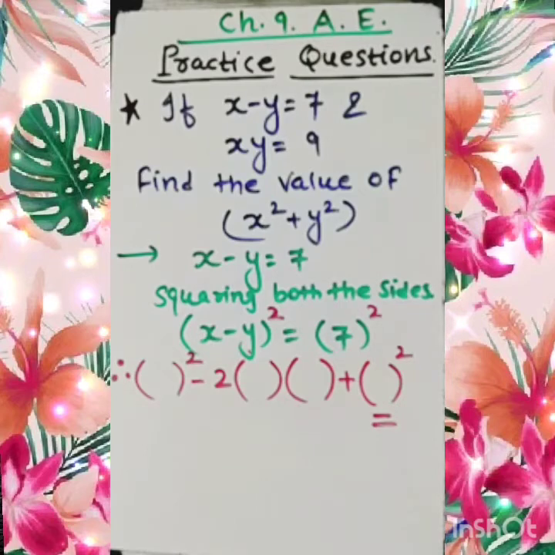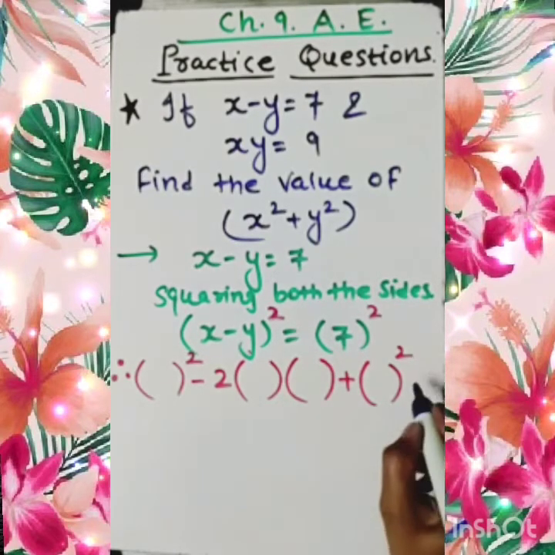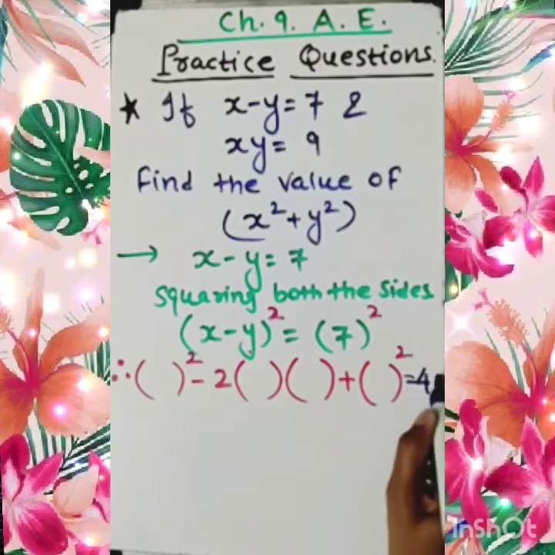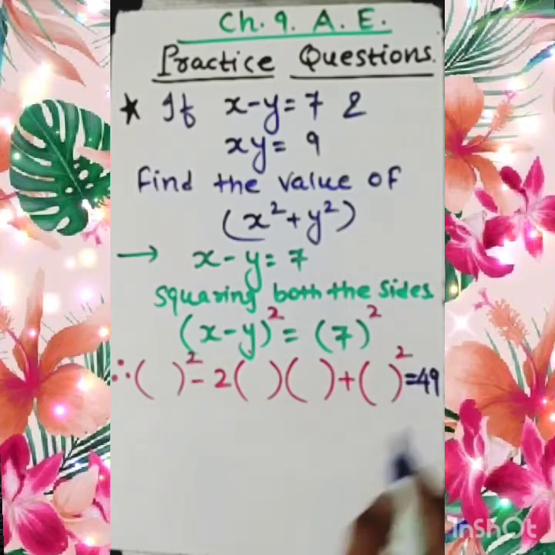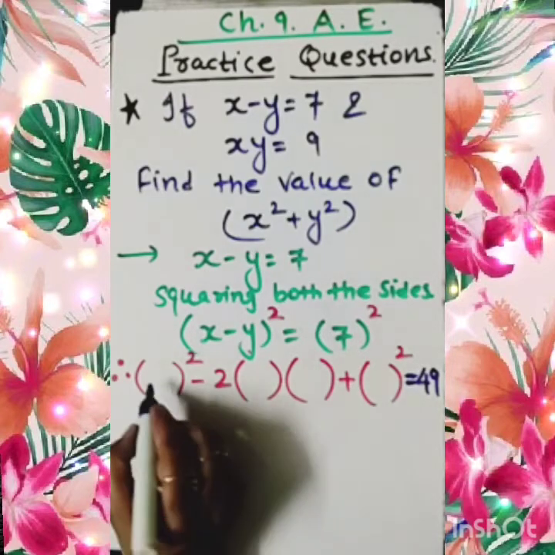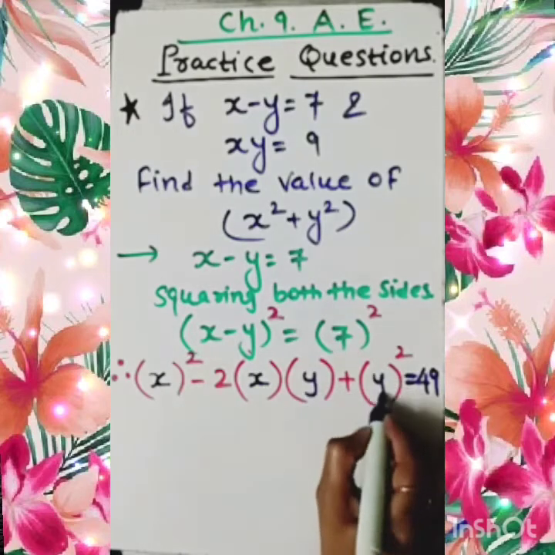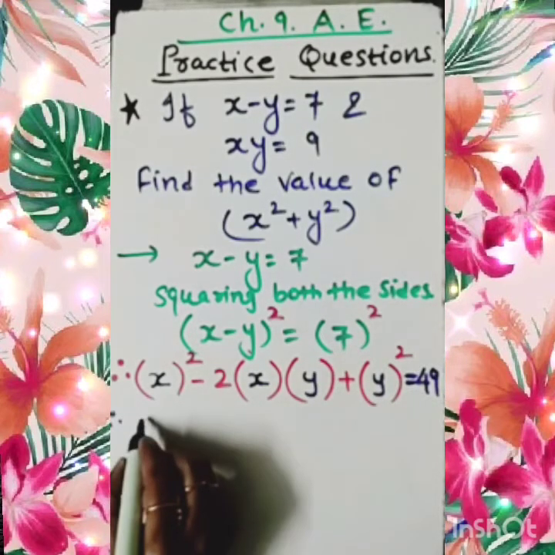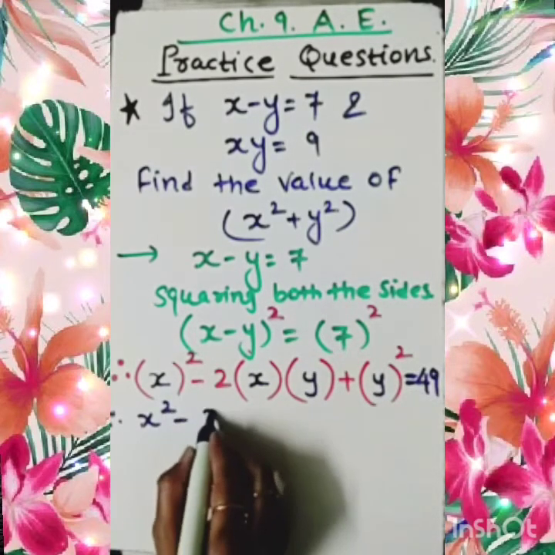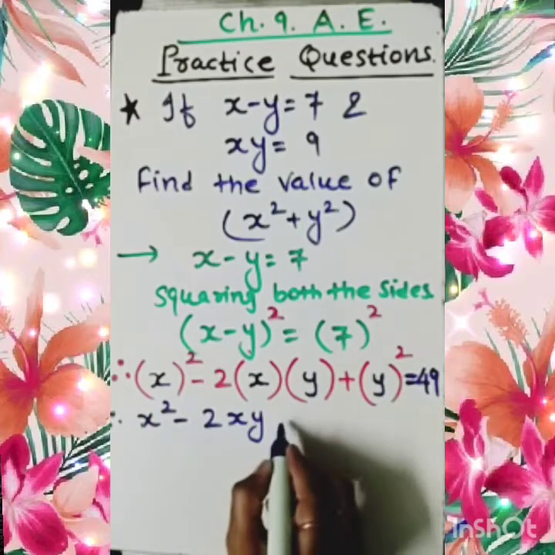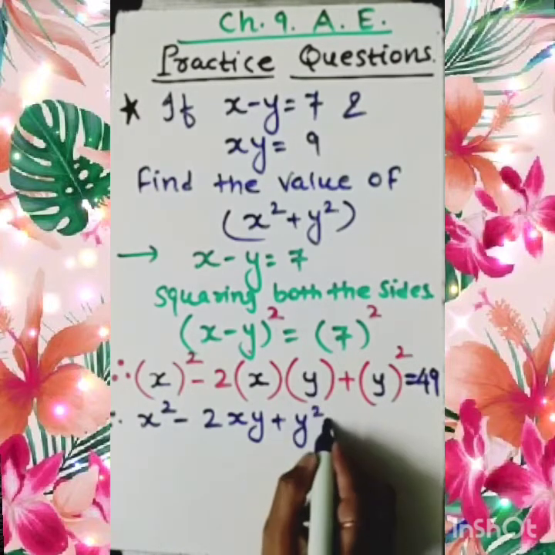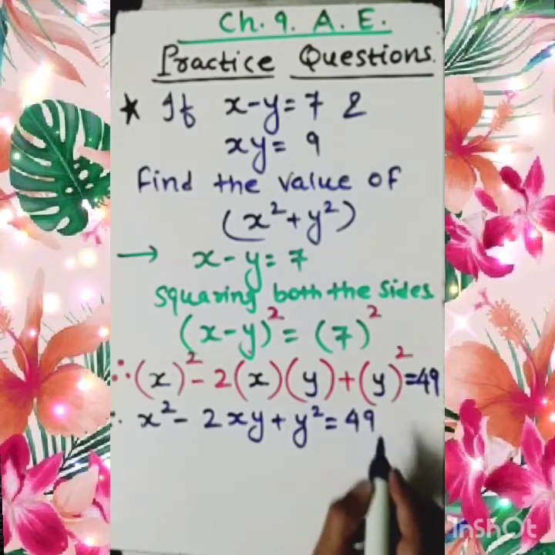You know, 7 into 7, that is equal to 49. I am writing here in small writing, it is visible. 7 square is 49. Now the first term is x, the second is y. Let's simplify. So we will have x square minus 2xy plus y square equal to 49.